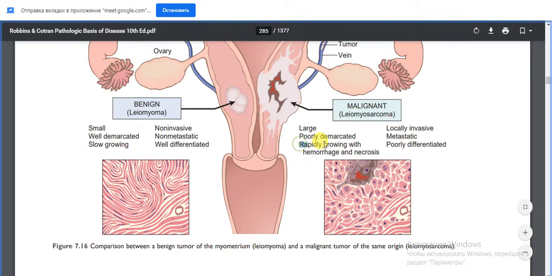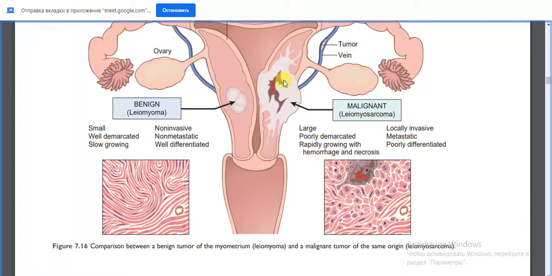Rapidly growing with hemorrhage and necrosis. As I said, tumor cells are able to have very abundant, very fast growth. And during the rapid growth, a process known as the evolutionary process happens. Due to the evolutionary process, a lot of cells die, and it produces a lot of blood vessels.